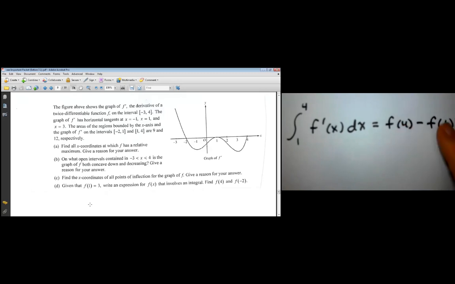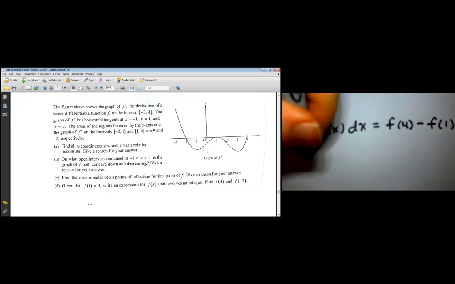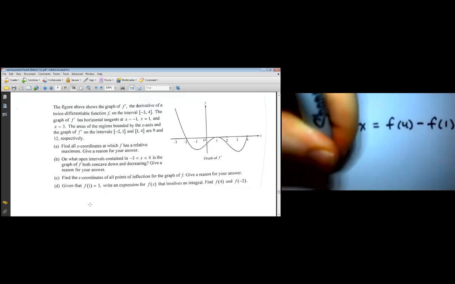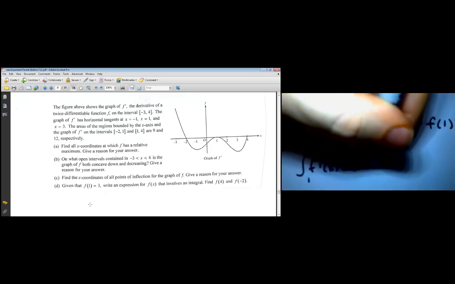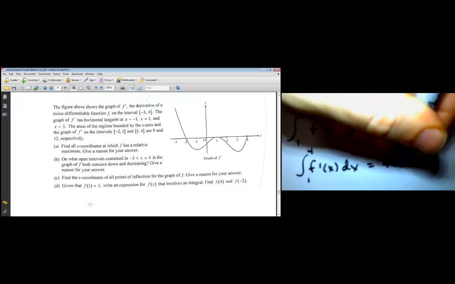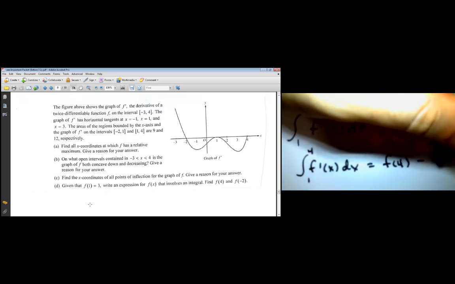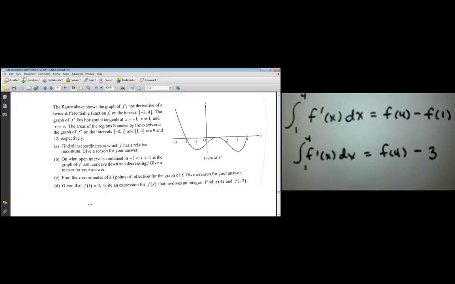And what do they give us? F of 1. Okay, so does it make sense to say that this is equal to the integral from 1 to 4 of f prime of x dx? It's equal to, we're looking for f of 4, and we know that f of 1 is equal to 3. Okay, and we're trying to solve for f of 4.